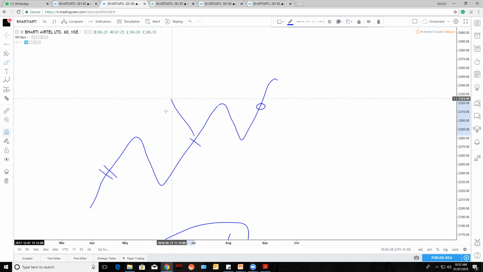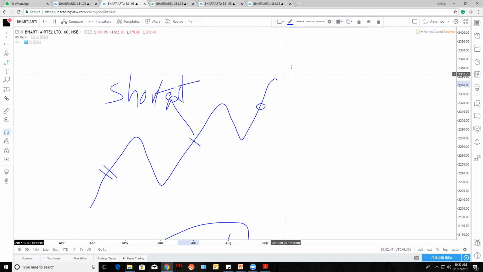The rule is that wave 3 cannot be the shortest among wave 1, wave 3 and wave 5.